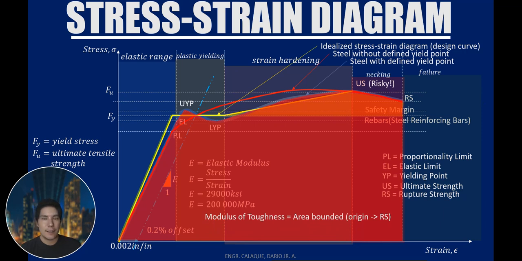So mas lengthy yung stress strain diagram, mas grabe siya mag-absorb ng energy. And then dito naman, yung area bounded dito sa origin patungo dito sa elastic limit, that represents the modulus of resilience. Again, that is also energy absorption. Okay?